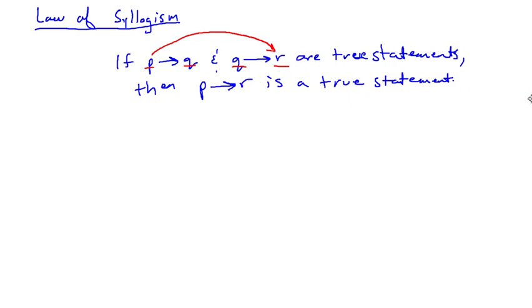So let's do a quick example. If a figure is a square, so we're going to be given this. Let's write given so we get used to that. Given. If a figure is a square, then it has 4 sides.